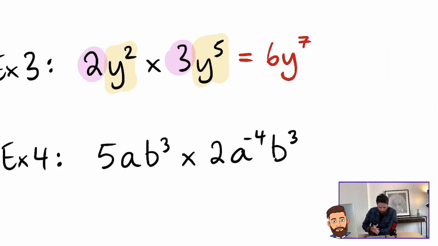So we're going to use the same method we just did in example 3, where we can take each thing individually, and I'll highlight to show how I'm doing this. So I'm going to take my whole numbers. So I've got a 5 times a 2. So I'm going to do the 5 times the 2 first, which is simply 10.